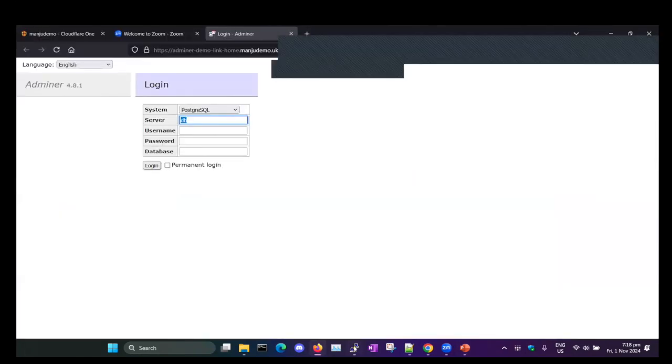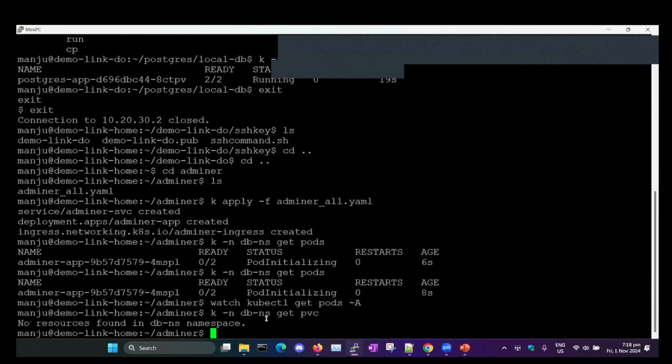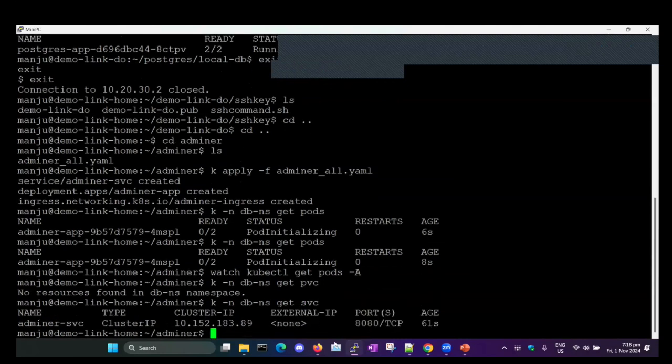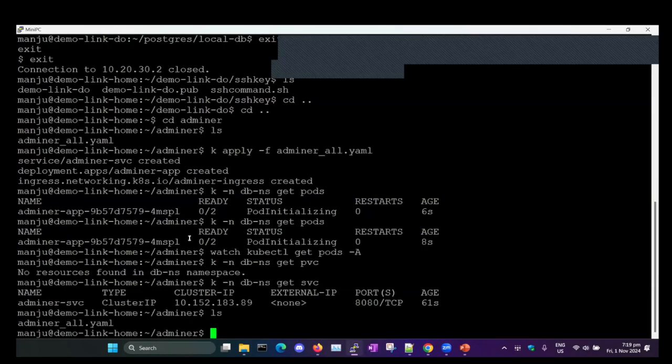If you look at it, the way it's already defined. Okay, somehow it's not getting connected.